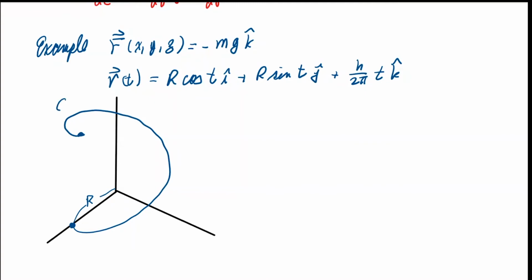This is my curve C. Okay, if I just put t here, then this height, the vertical motion, will be just 2 pi, wouldn't it? Because t will vary from 0 to 2 pi.